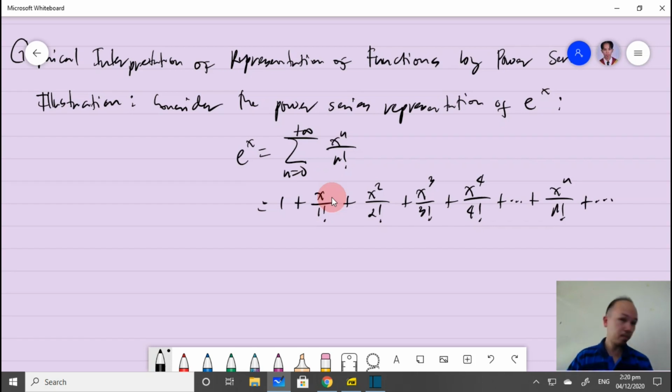Okay, so what we will do here is to graph the function.